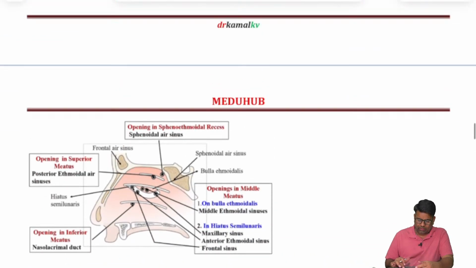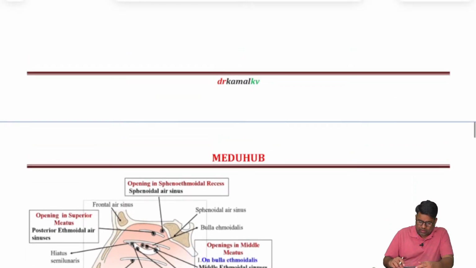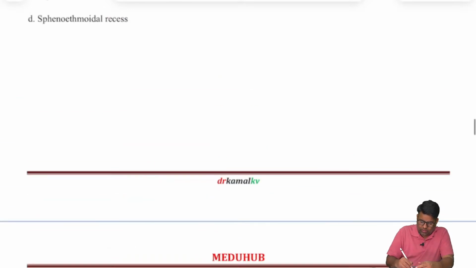We can take the diagram of the lateral wall of the nose, and here you have to remember the superior meatus, then middle meatus and inferior meatus.